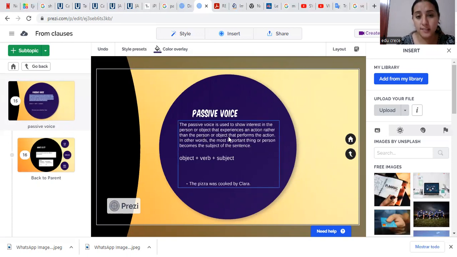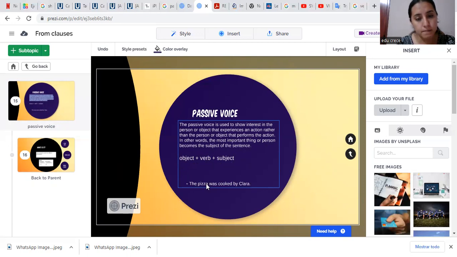The passive voice is used to show interest in the person or object that experiences an action rather than the person or object that performs the action. In other words, the most important thing or person becomes the subject of the sentence. The structure is object, verb, subject, okay?